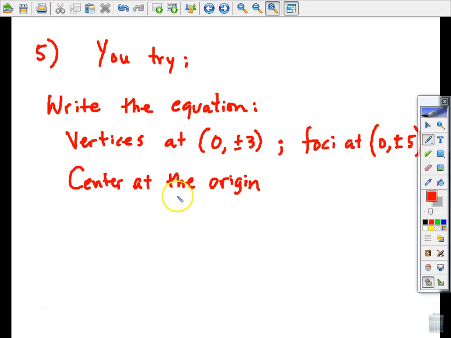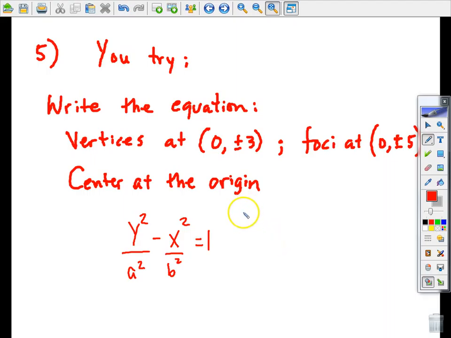Which tells me that the graph will open how? Up, down. Okay? Which tells me also about the equation. Which variable will come first? X squared or y squared? Very good. You guys are getting this really well. So I'm going to go ahead and write this part. It's going to be our job to find a squared and b squared, and we'll be done.